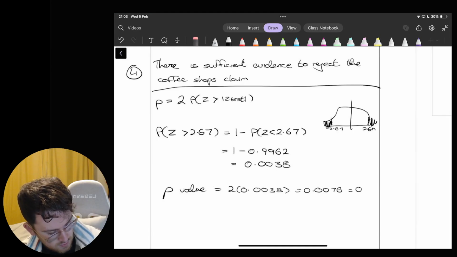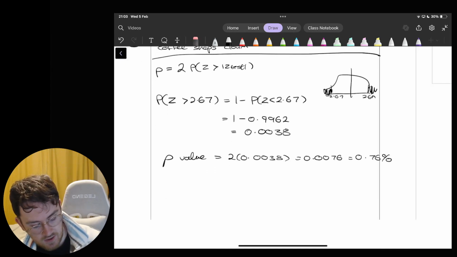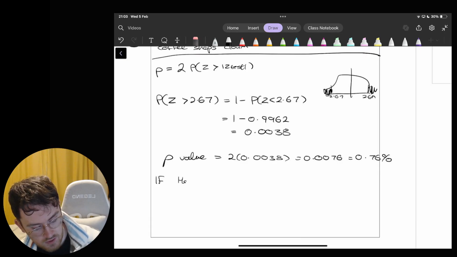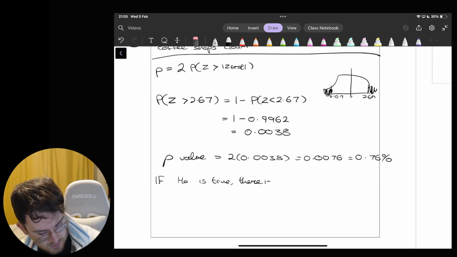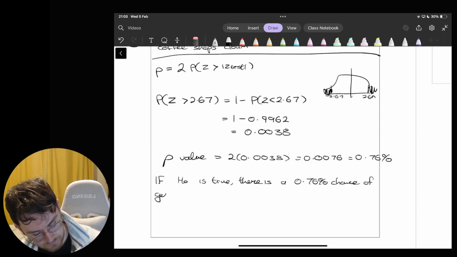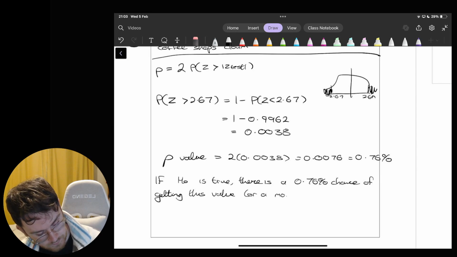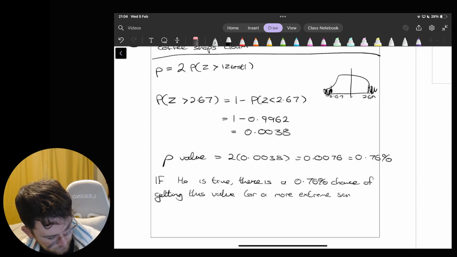Which is 0.76%. So basically what we're saying here is if the null hypothesis is true, there is a 0.76% chance of getting this value, or a more extreme sample mean.